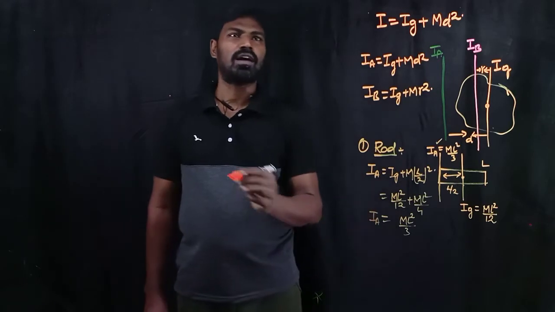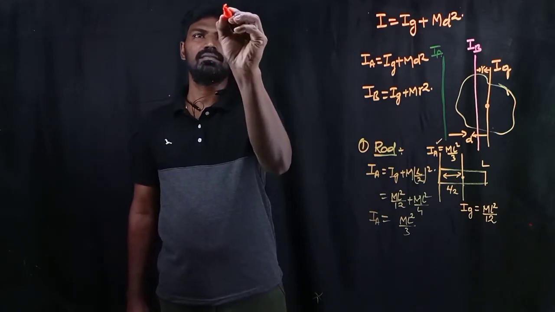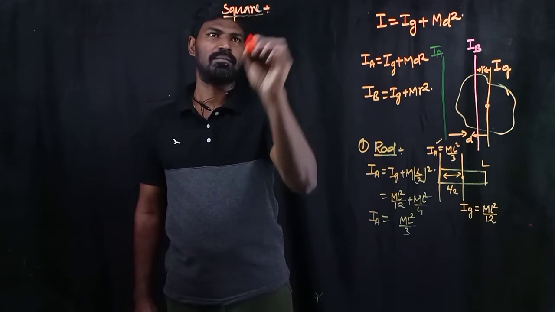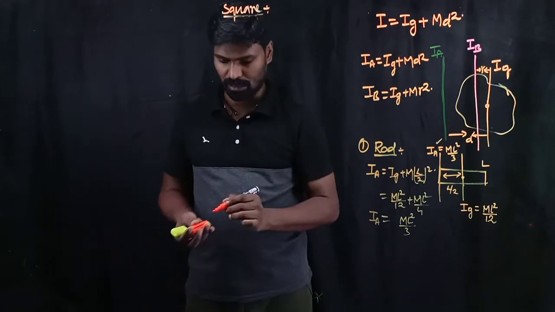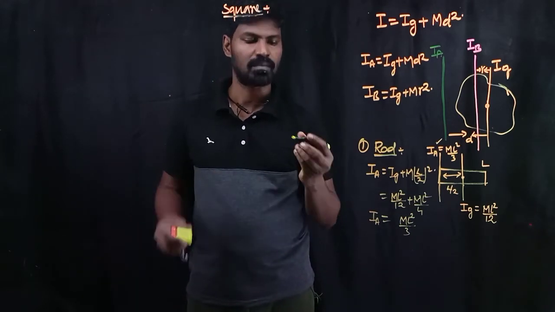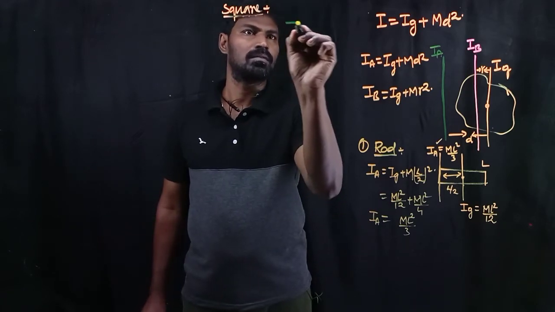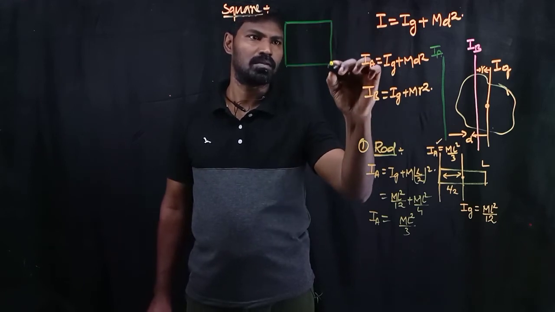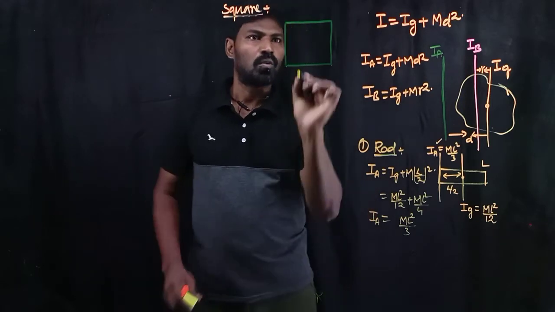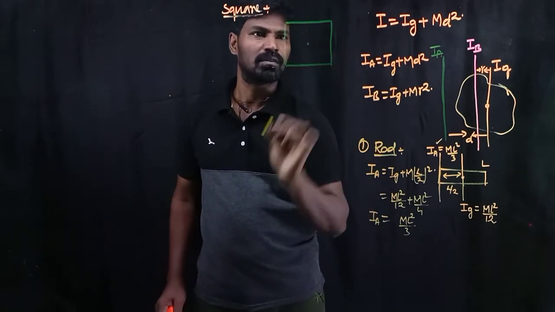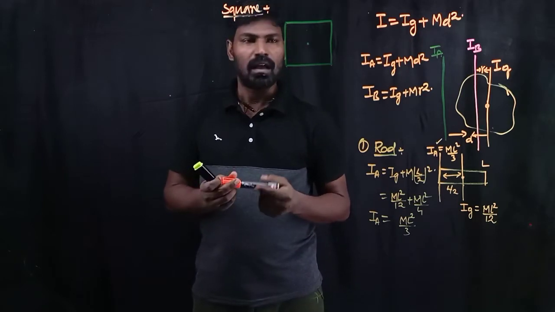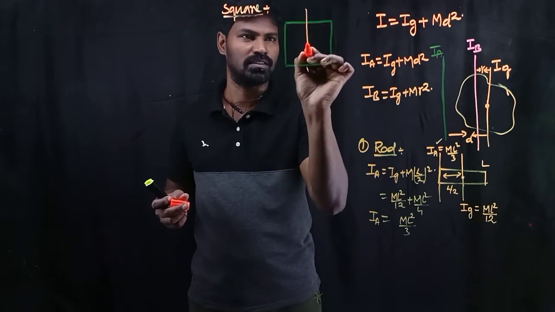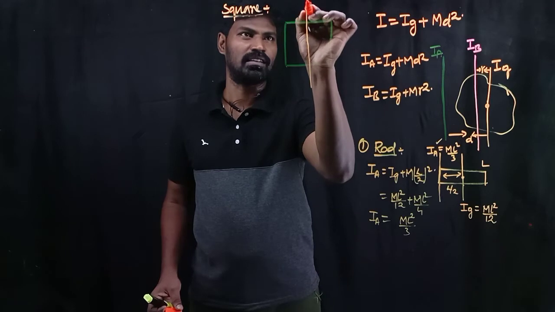Same concept, I would like to apply it for a square. I would like to consider a square lamina. This is the square lamina that I would like to consider here. So with respect to its center of mass, passing parallel to one of its edges, that is this axis, that I called Ig.